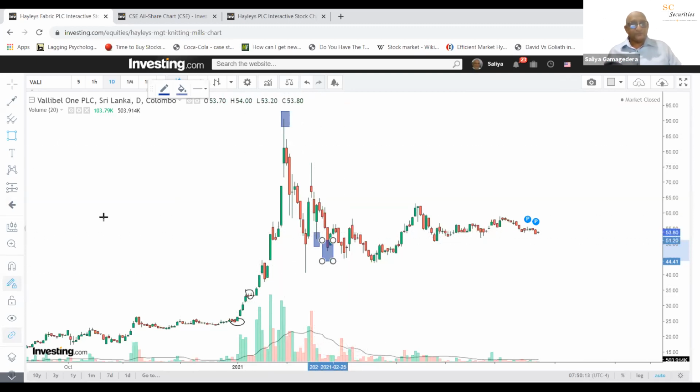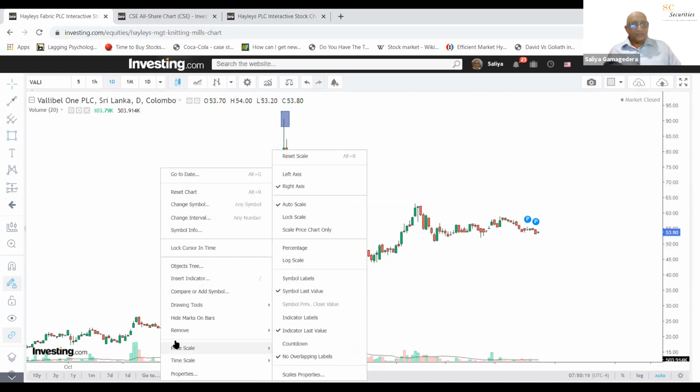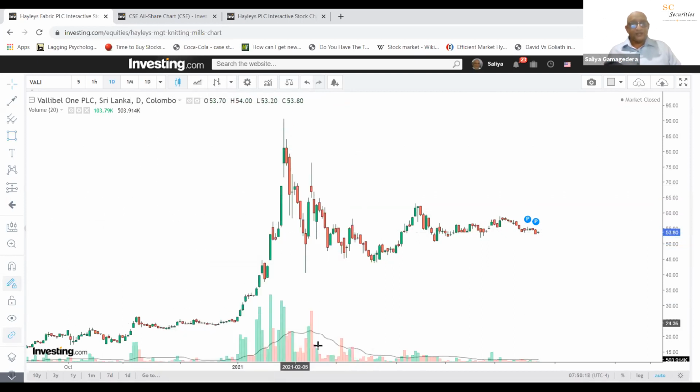Now, once we figure out the higher swing highs and the swing lows, it will be useful for us to figure out the support and resistance areas, right? Now, since I'm taking Valuable One as an example, we have to remember one thing, that we are in all-time high price ranges, right?